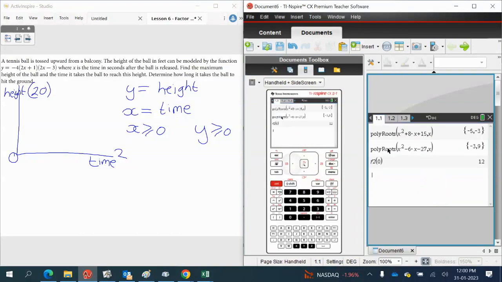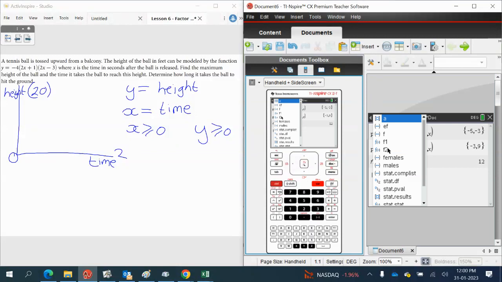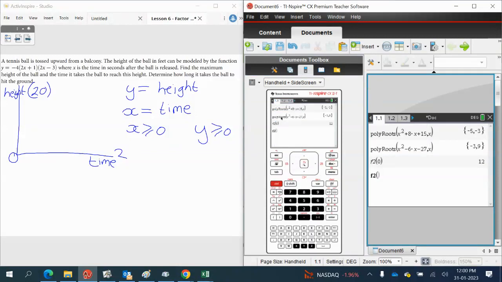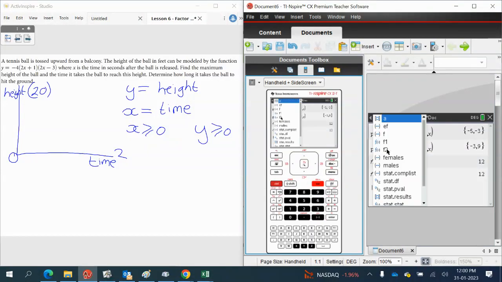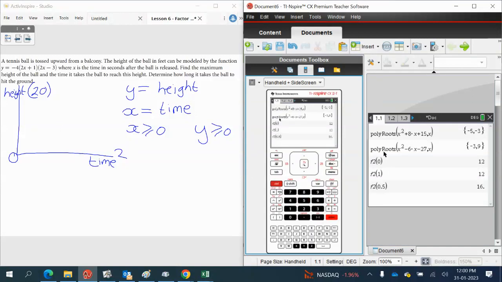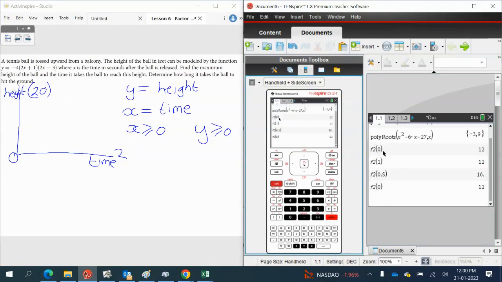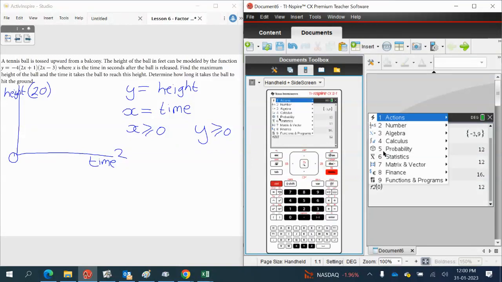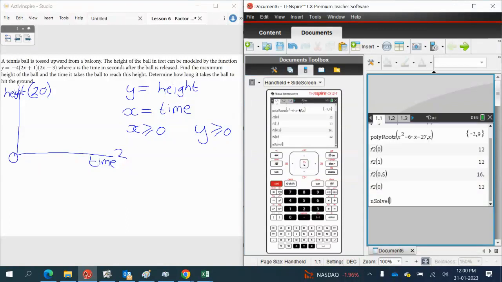If I go on to this page and pull up one of the functions and say x equals 1, it will say 12. If I say x equals 0.5, it will give me another value, 16. How about for the x value? We talked about that one previously. You need to use the nsolve function. So menu, algebra, nsolve.